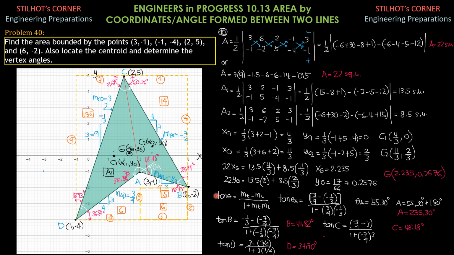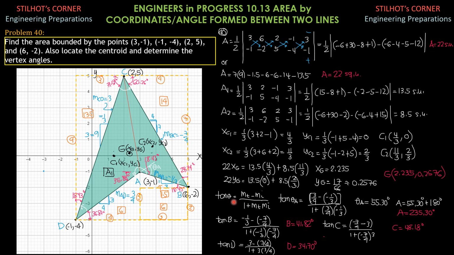Then for angle B, we have tangent. So in the counterclockwise direction, this is the counterclockwise measurement. This is the terminal line, whose slope is negative 1/3. This is the initial line with slope also negative 7/4.